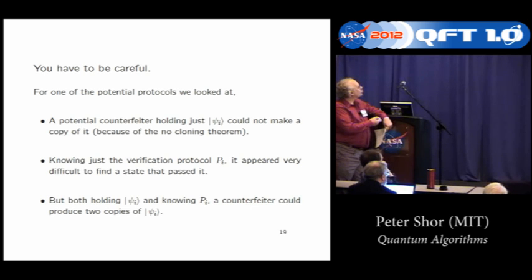Okay, so one thing, you have to be careful. For one of the potential protocols we looked at, a potential counterfeiter holding just psi sub I could not make a copy of it because of the no-cloning theorem.